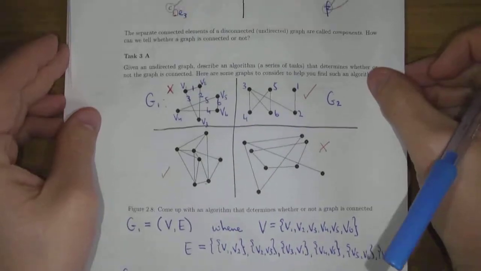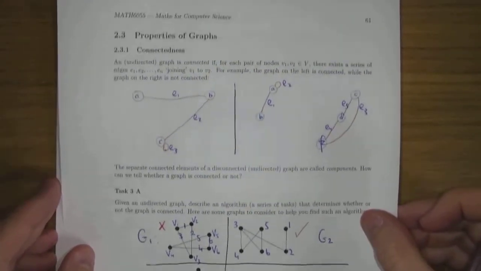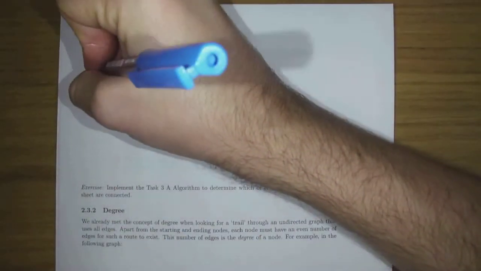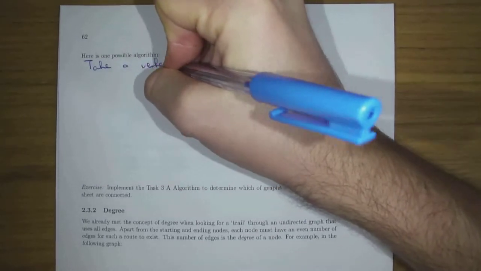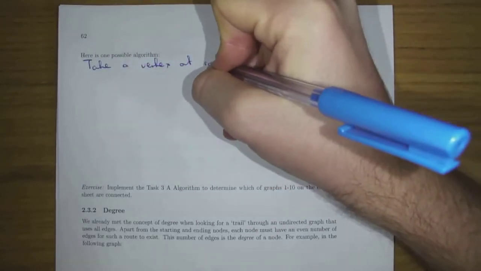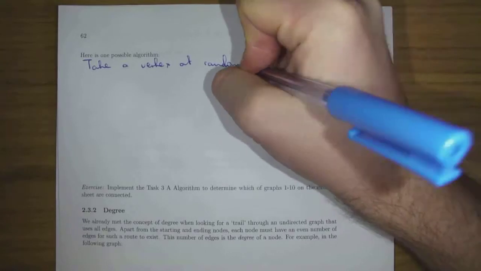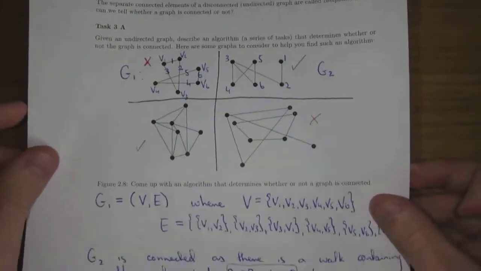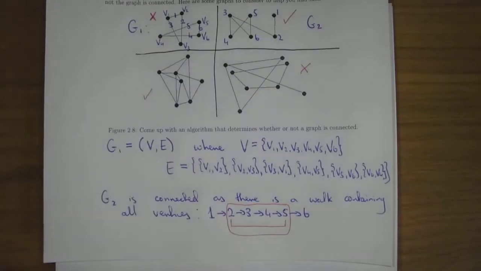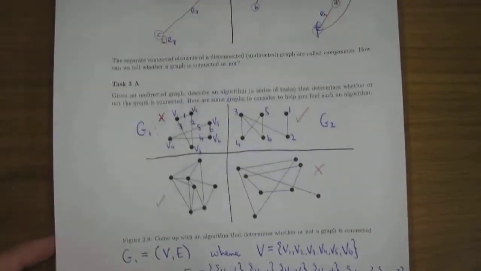Okay, anyway, let me just write down what I consider an algorithm. So take a vertex or node at random. Now you can do this using these things. Say for example you picked V1 in this picture here.